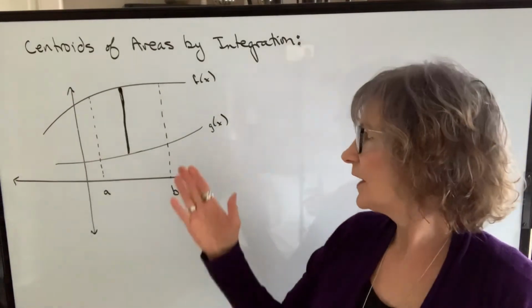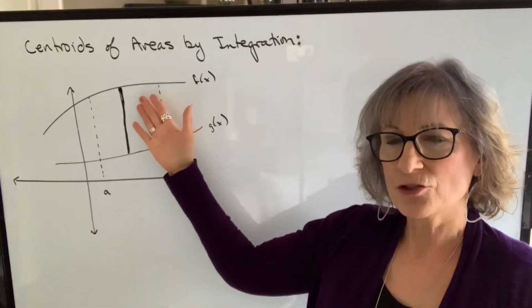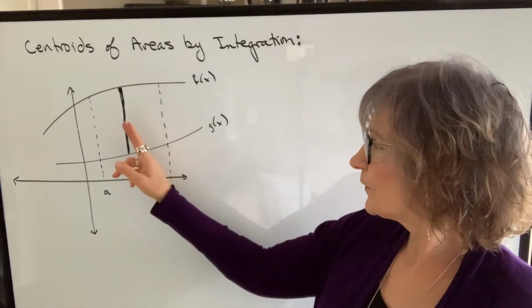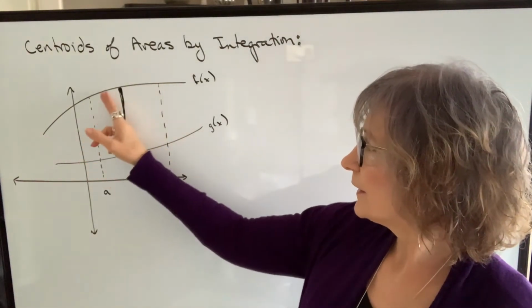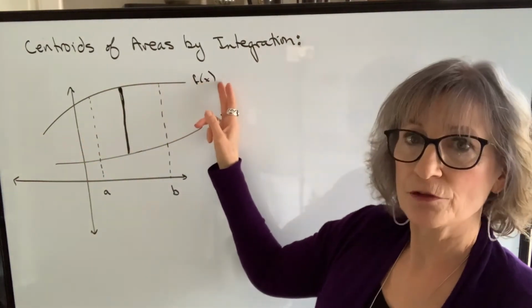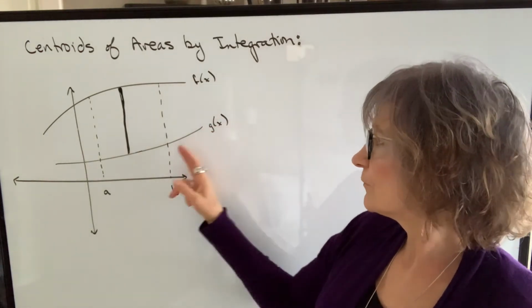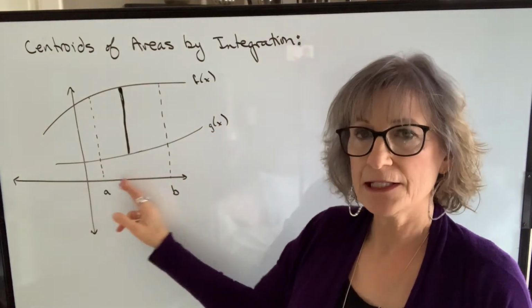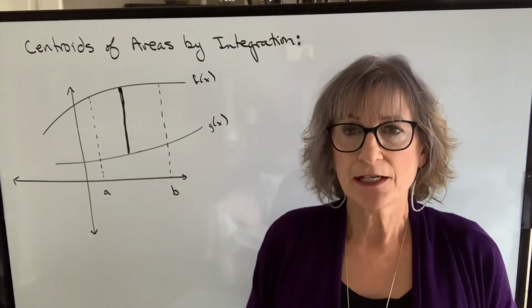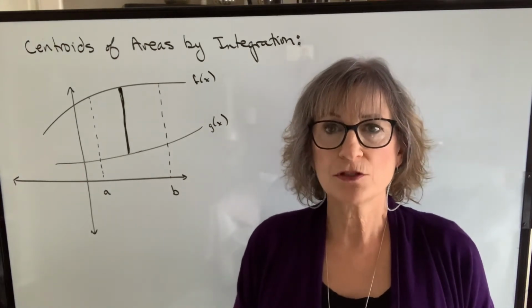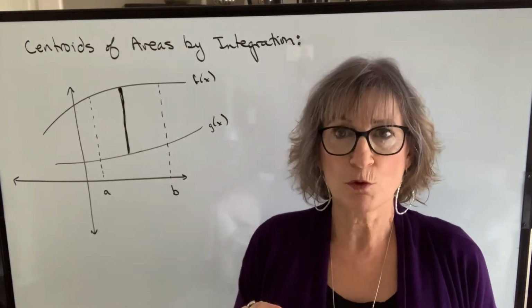In order to find the centroid of an area, I'm talking about the area bounded by the top curve f of x, the bottom curve g of x, from x equals a to x equals b. First of all, I have to find the first moment.